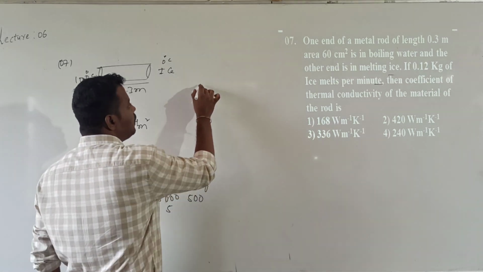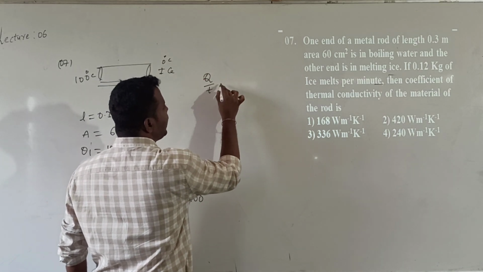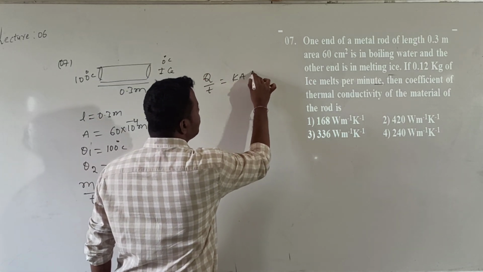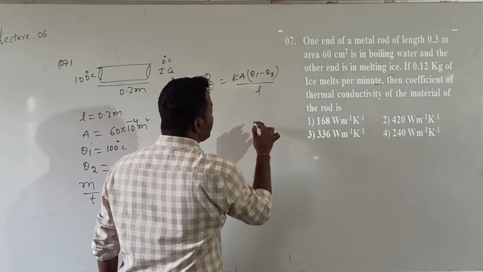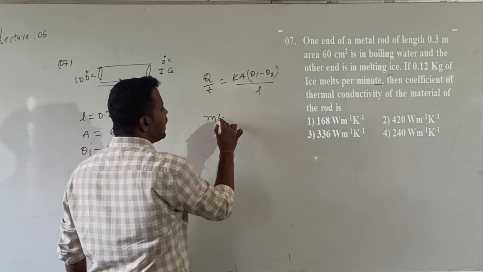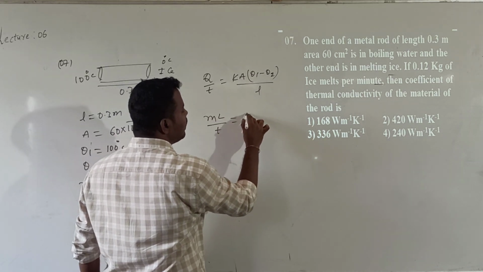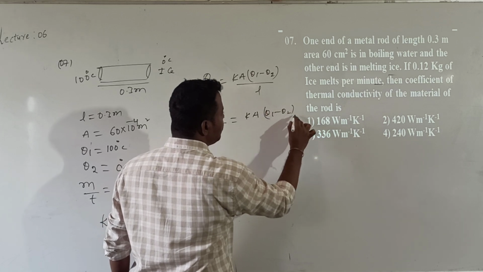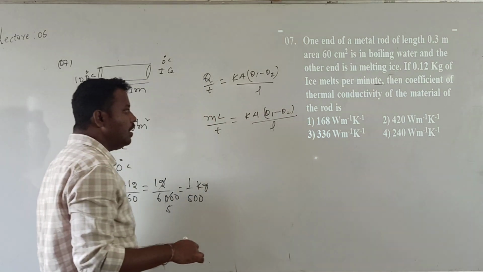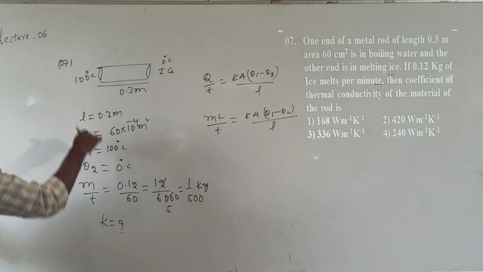So what is the formula for Q by T? Q by T is equal to K into A into theta 1 minus theta 2 divided by L1. Q value is M into capital L, divided by small t, is equal to K into A into theta 1 minus theta 2 divided by L1. But all answers are to be given in SI system.